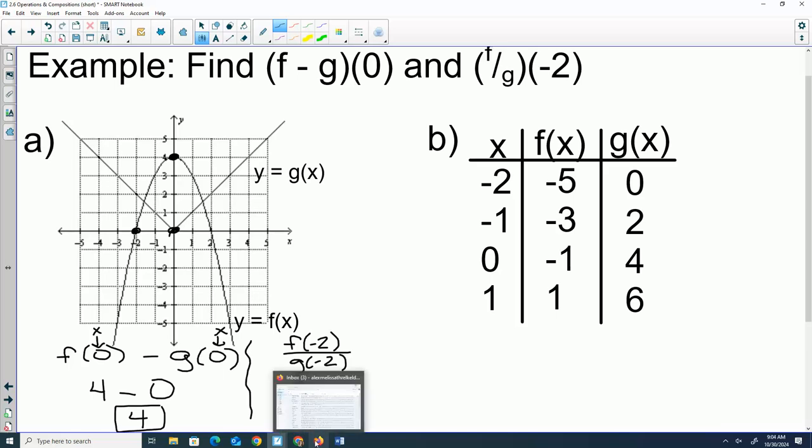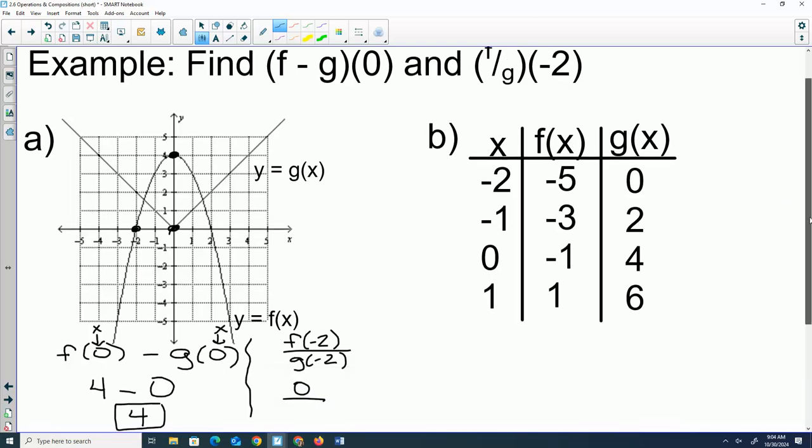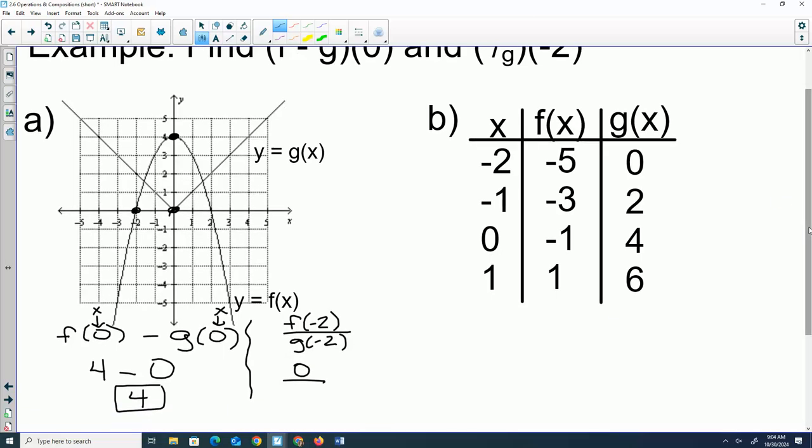Divided by, on function g, when the x is negative 2, what is the y value? 2. And 0 divided by 2 is 0.